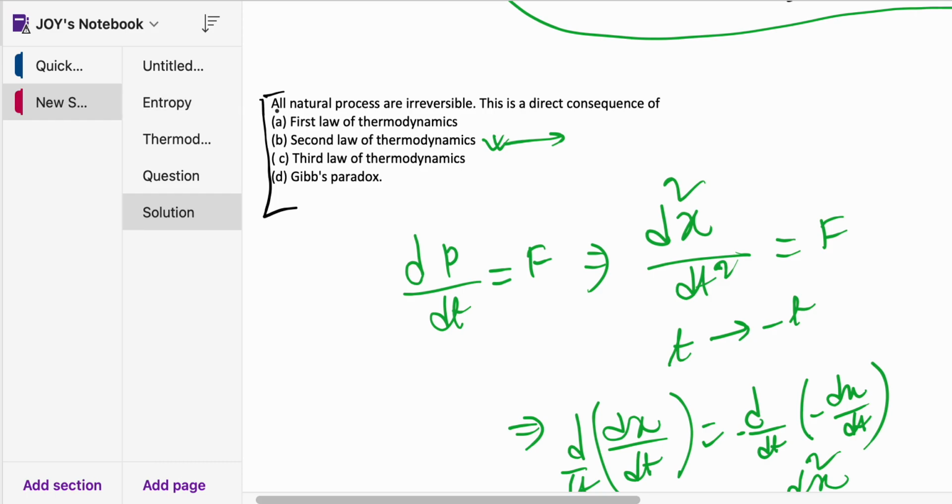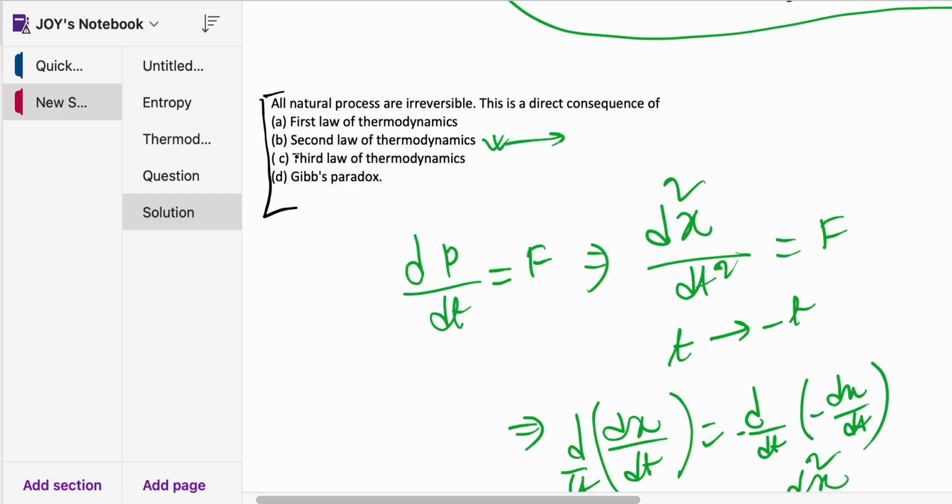The answer to this question is the second law of thermodynamics: all natural processes are irreversible is a direct consequence of the second law.